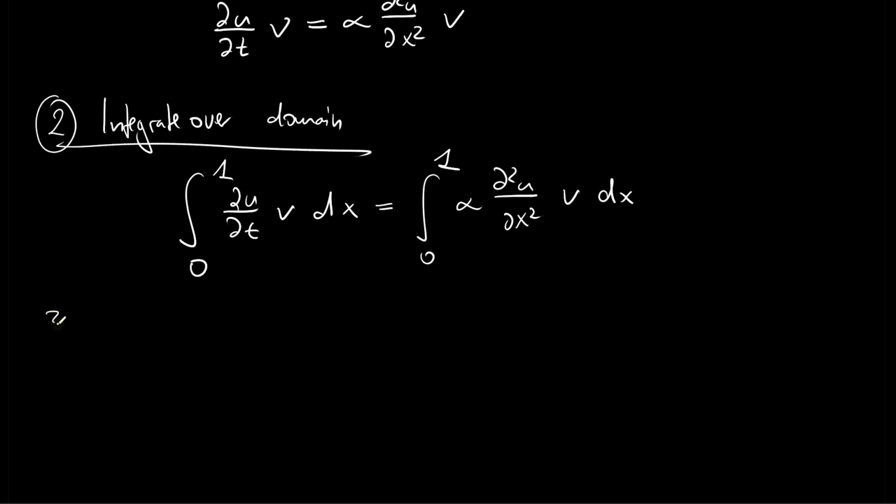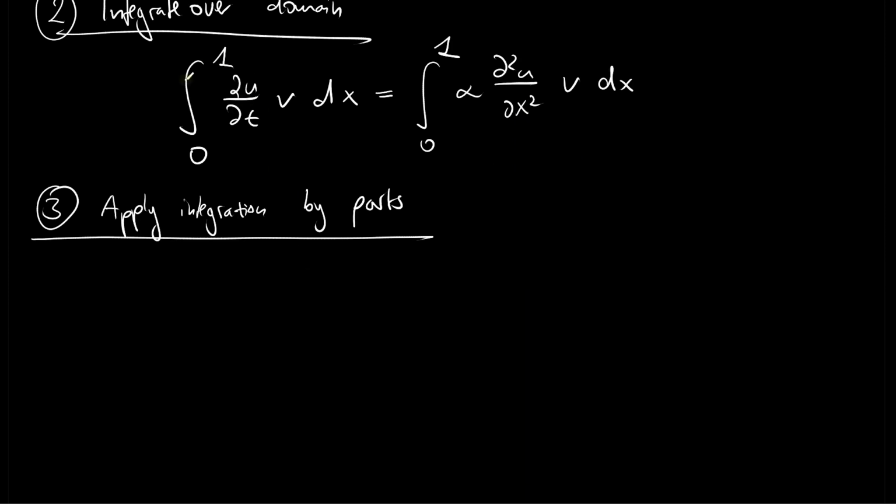Then we're going to apply integration by parts, and our goal is to move one derivative from u over to our test function v. So we're going to keep the integral on the left-hand side. So the integral from 0 to 1 of du by dt times v dx is equal to, well, then let's perform the integration by parts.